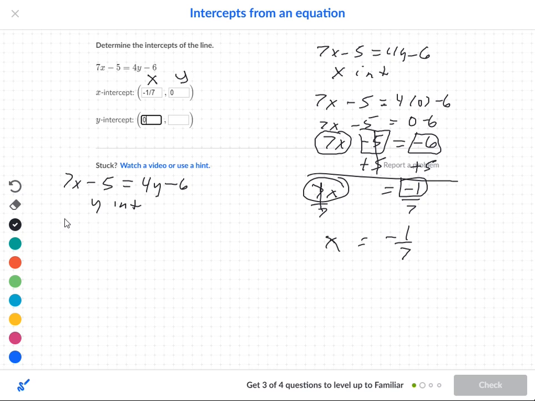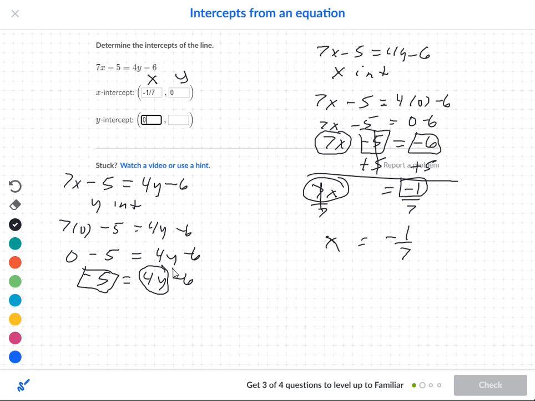So if we're doing the y-intercept, the x itself becomes 0. Do the multiplication. This is 0 minus 5 is equal to 4y minus 6. This is a negative 5 equal to 4y minus 6. So box, circle, box. So I'm going to add 6 to both sides.